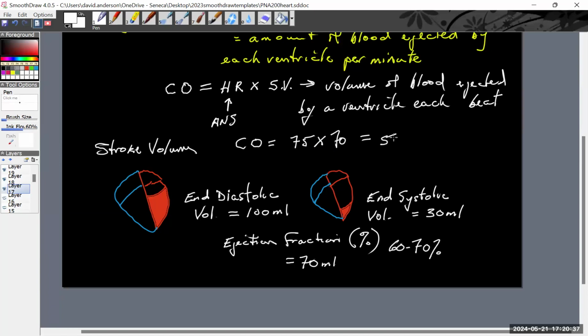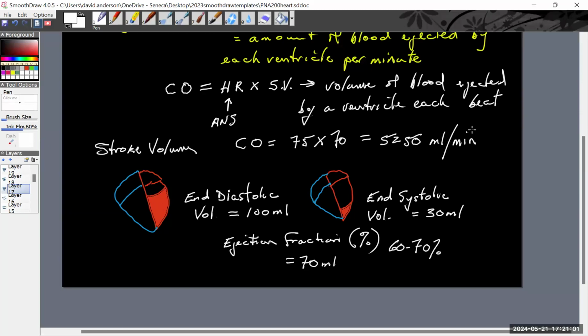It just so happens that I've got this number memorized. These are not numbers for you to memorize. The equation is worth memorizing. And if I was going to ask you to figure something out, I would put the numbers in for you. But this is the equation. So this would be 5,250 milliliters per minute.